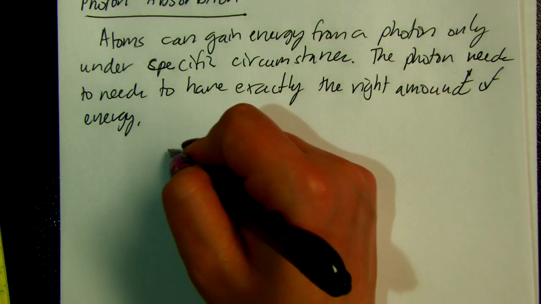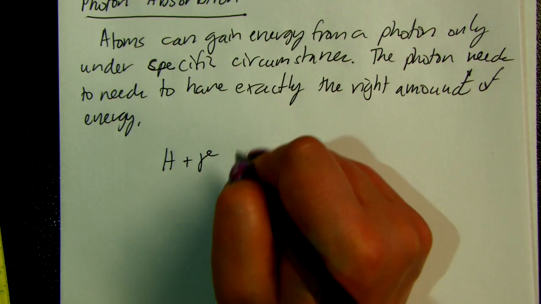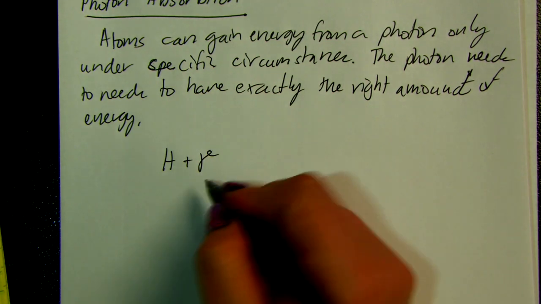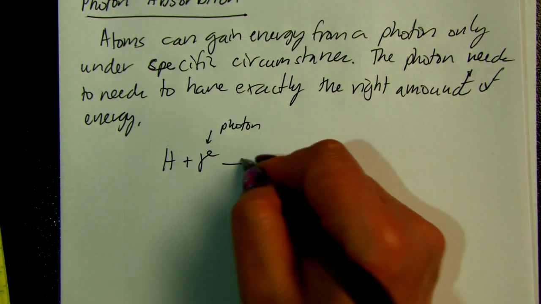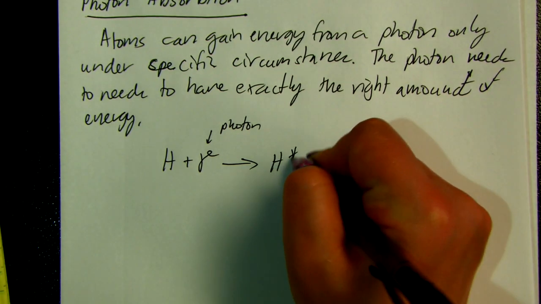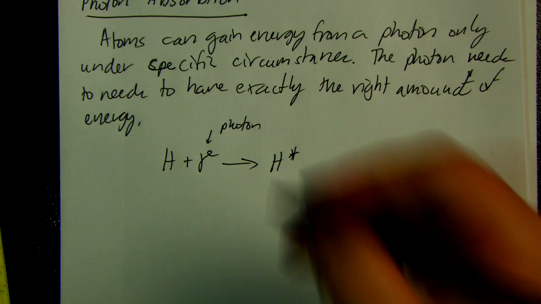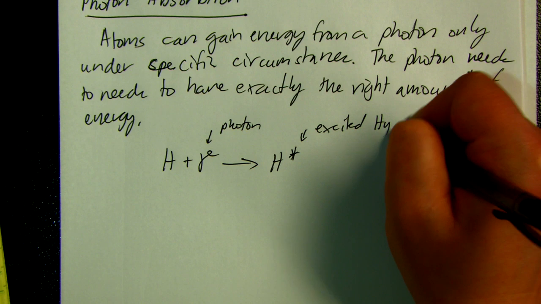Okay, so what this looks like is you'd have your hydrogen atom plus your photon. This is a gamma, the symbol for a photon. If you put them together, and this is exactly the right amount of energy, then you get an H star, which is an excited hydrogen.